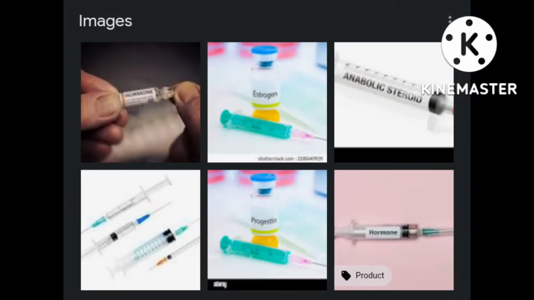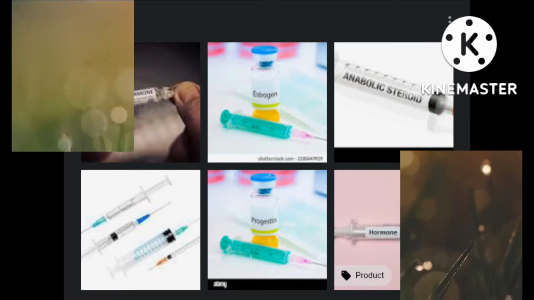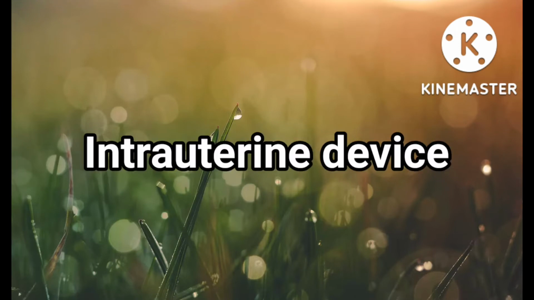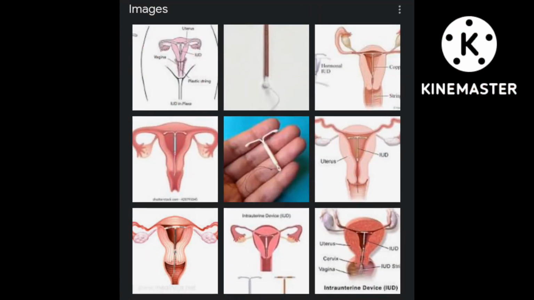As you can see, you see the picture of hormonal injection. So it is liquid. Yes, it is liquid. So the next is intrauterine device.